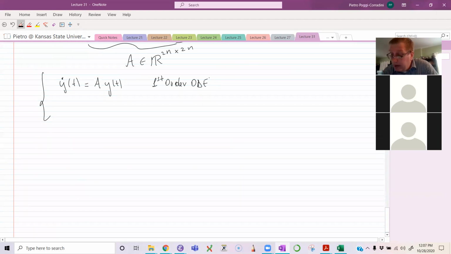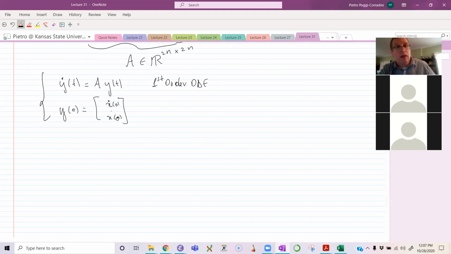And usually you need some initial conditions. You need an initial velocity, an initial position, and the system evolves from that. That makes sense? Mm-hmm.